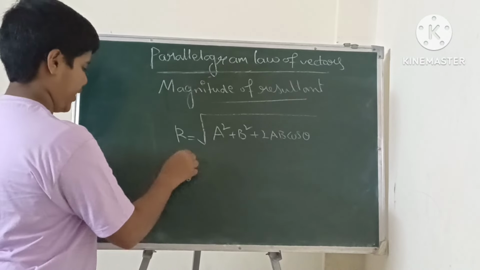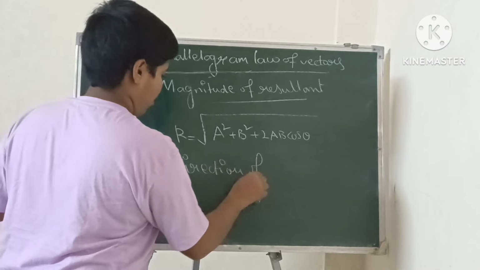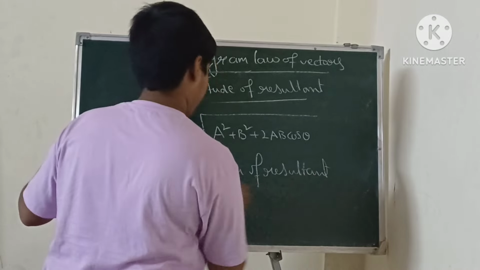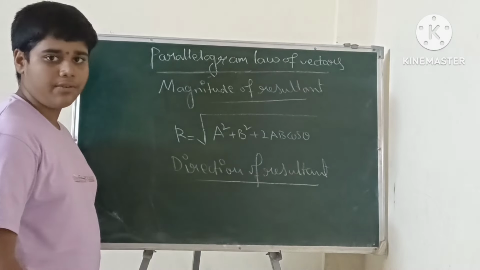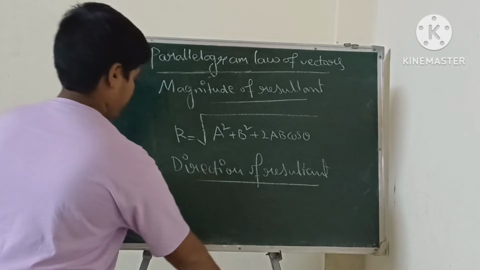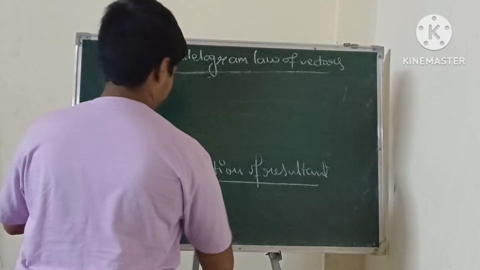So we have to find the direction of the resultant. So let's see. Here I am writing the magnitude.